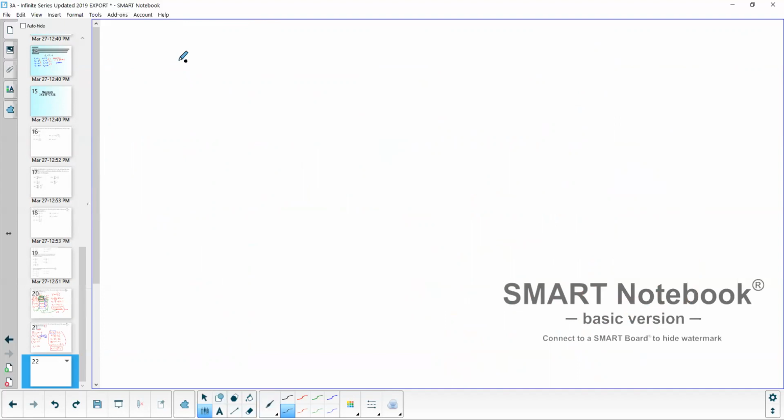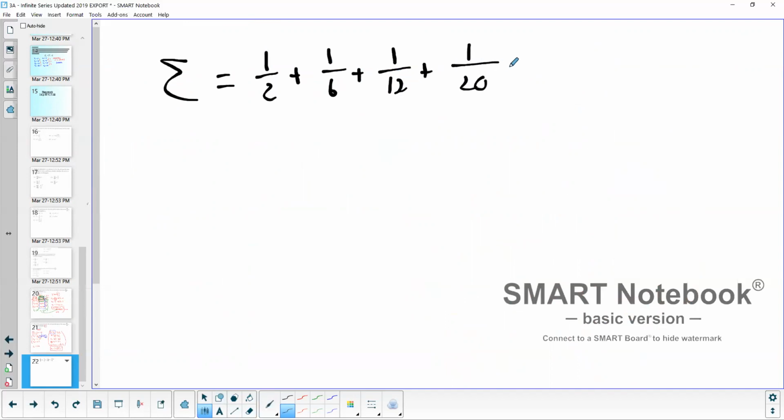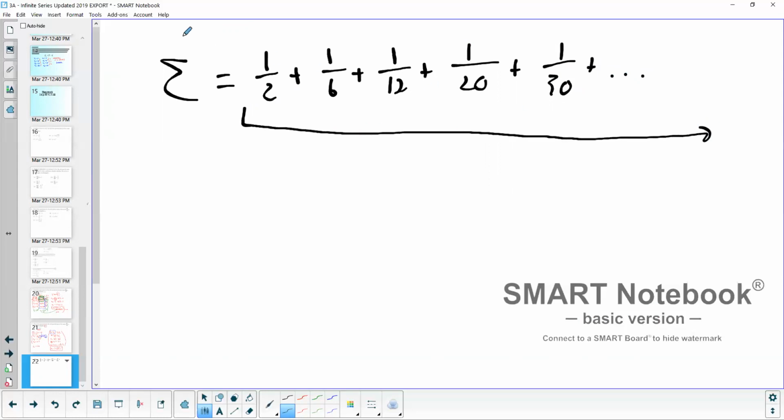I won't give you any of the rules for it, but I will just tell you that the series is 1/2 plus 1/6 plus 1/12 plus 1/20 plus 1/30 plus ... And I ask you to take this infinite series and write it so that I could find the nth term.